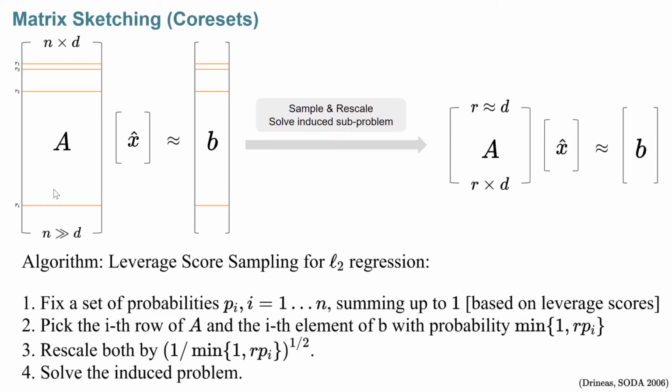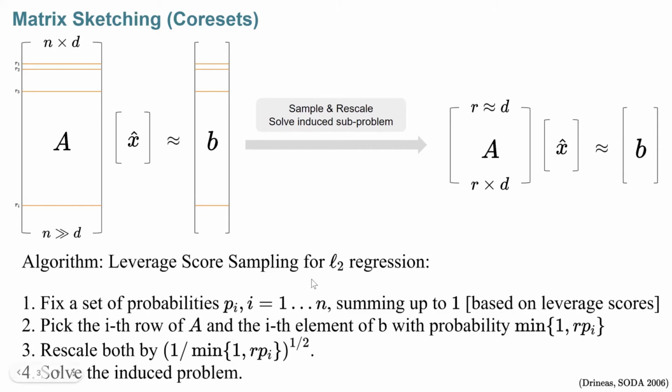And the way to do that is by using a randomized probability distribution, and you want to pick out the same rows from the matrix A and B, so that you can solve the problem, right? And so these R1, R2, R3, Ri are the rows that you will be sampling. And once you sample and rescale, you will now get a much smaller sized matrix A, like what I explained in the previous slide, of dimensionality where r is approximately equal to d, right?